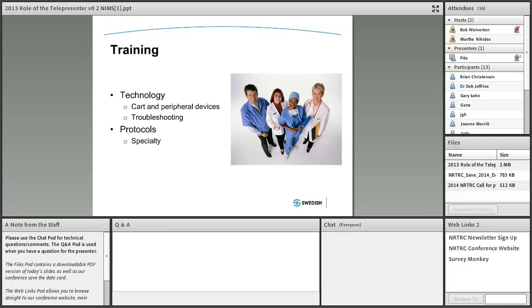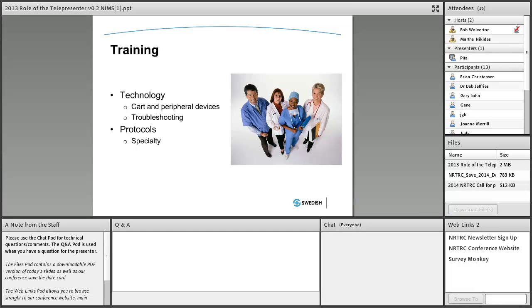And then we train specifically to the protocol of that specialty. Depending on when a program is launched, there may be several protocols that I'm going over with the nurses. I will tell you, though, that a lot of the protocols are very complementary to each other.